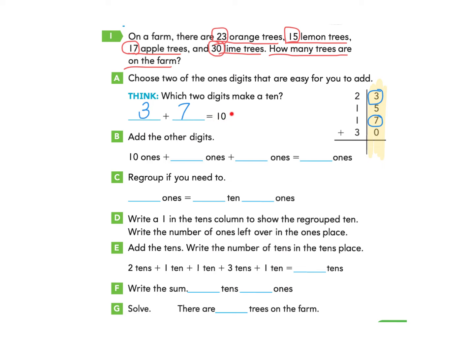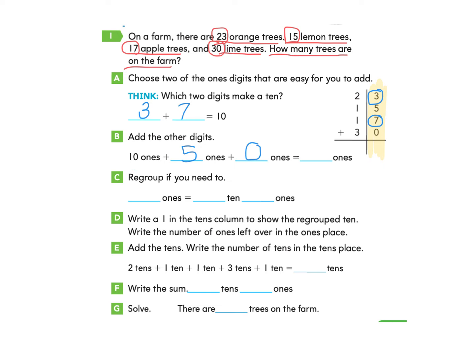So I have the 10 from the 3 and the 7, which is here, 10 ones. And now I'm going to add in 5 ones, which I'm going to write here, 5 ones. And then I have 0 ones right here, so I'm going to write in 0 ones. Now I need to add 10 ones, 5 ones, and 0 ones all together, and I'm going to put my answer here.